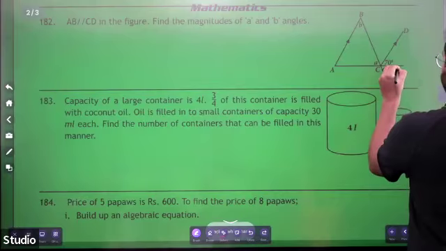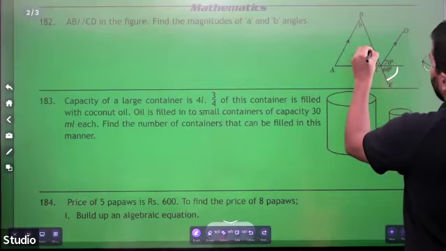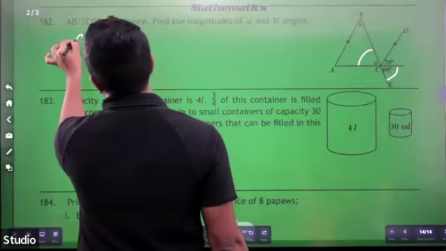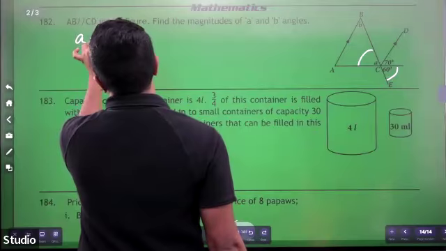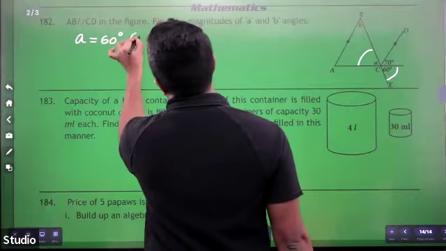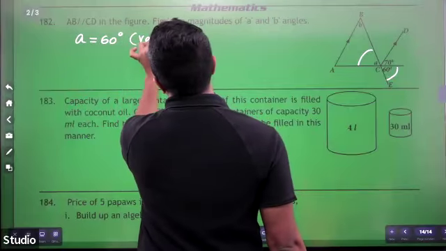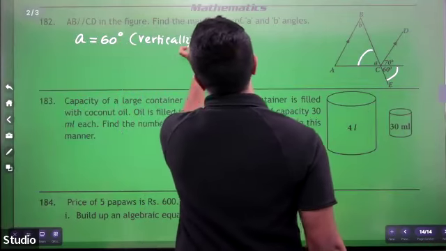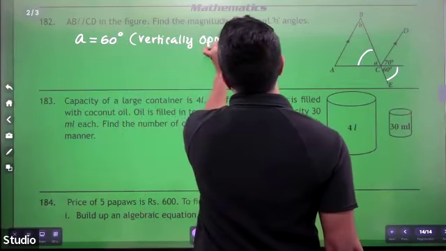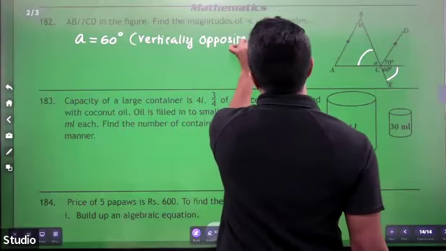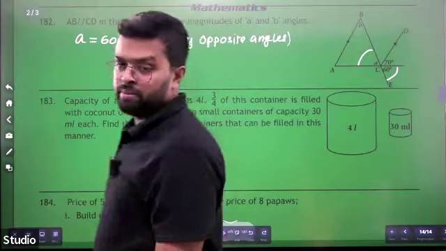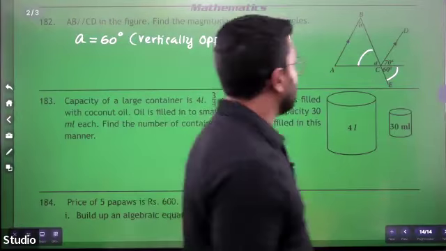This is 60 degrees from vertically opposite angles. A also should be equal to 60 degrees. Reason is vertically opposite angles. You don't have to write the reason, I'm just writing.